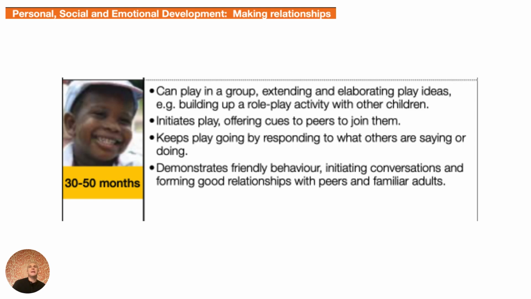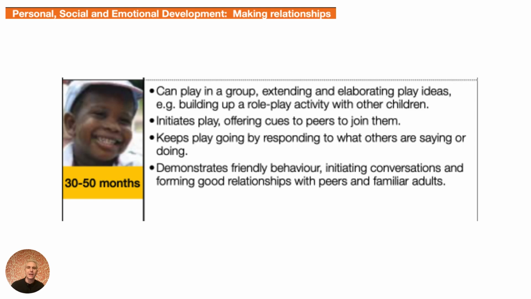Now, in order to be successful at carrying out observations, it is essential that you are familiar with the EYFS document, that you have it printed out, and that you refer to it while you're doing the analysis part of the observation. Obviously your first part of the observation is to observe and record what you see and what you hear without analysis.